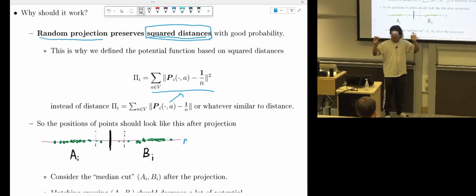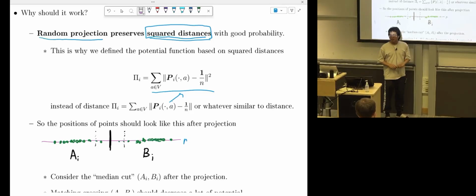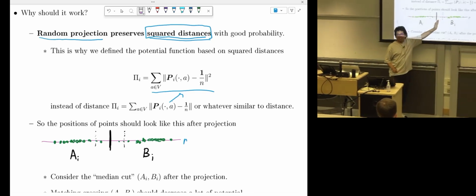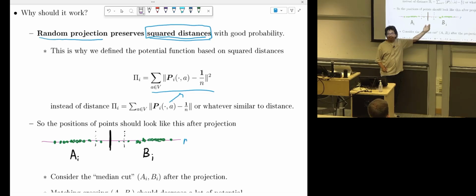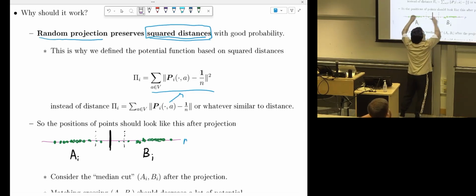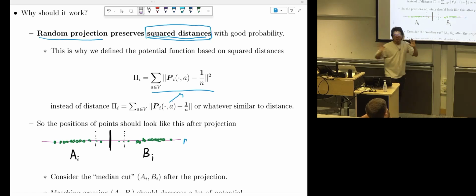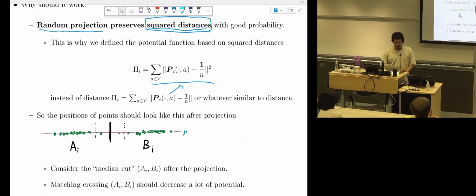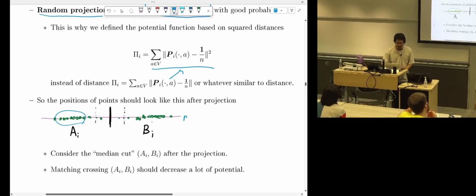Suppose that they really preserve distance. Once you have this line, it's kind of easy to find the cut. Just choose something in the middle. Once everything is on the line, it's easy to detect where you should cut. So that's what we're gonna do.